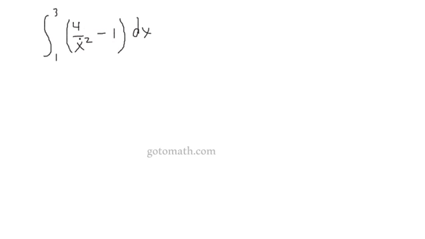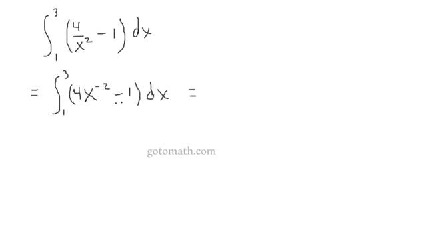Now, a lot of times we have to rewrite our integral, so let's go ahead and do that. Integral from 1 to 3 of 4x to the negative 2 minus 1. It's a lot like when we were taking derivatives. We have to rewrite them before we can actually take the derivative.